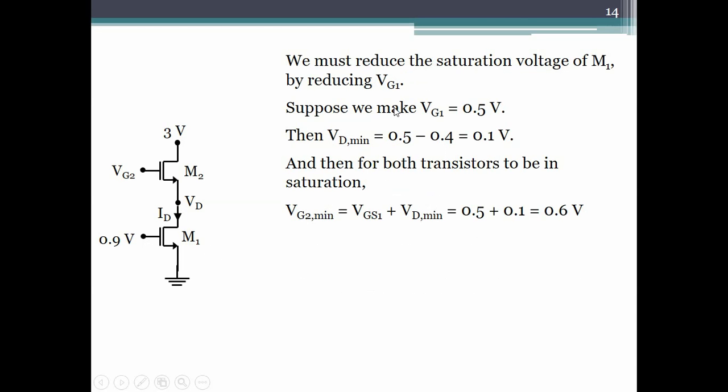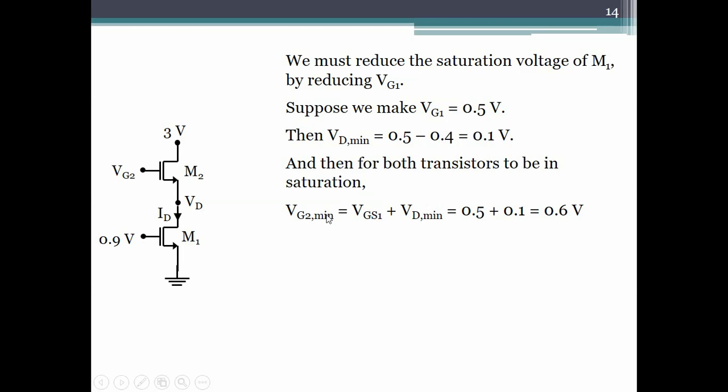What is the lowest we can make this VG1? I don't want to ask that question now. We'll ask it after 2-3 lectures. Right now, let us say that the lowest we'll make VG1 is 0.5 volts. That is the lowest we are going to be able to make. We'll see afterwards how this comes. And so VD then will be 0.5 minus 0.4 equal to 0.1.